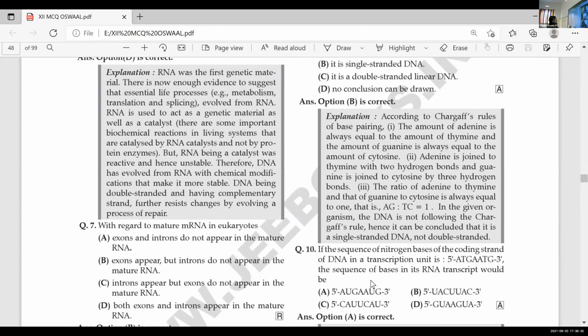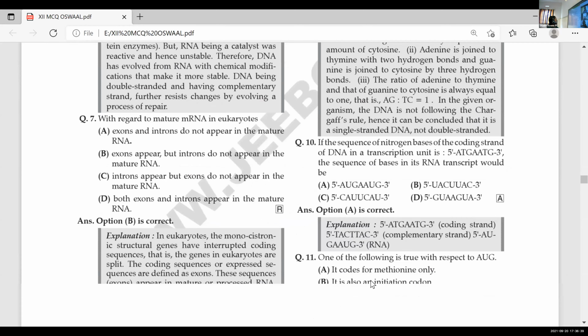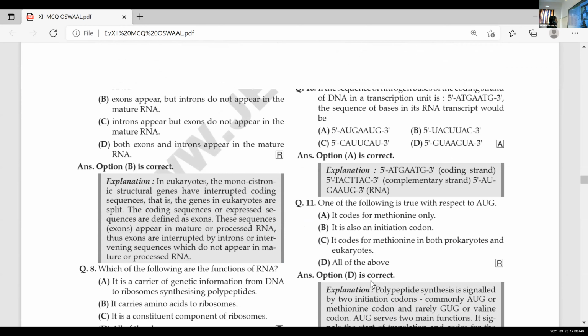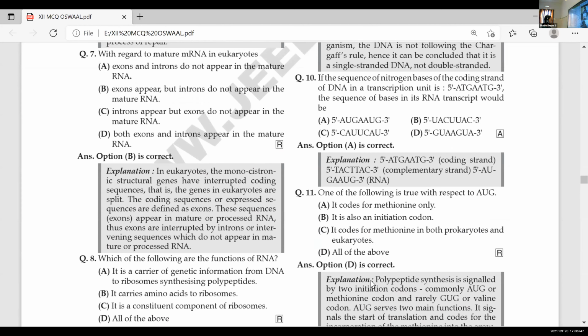Now question number 8. Which of the following are the functions of RNA? A, it is a carrier of genetic information from DNA to ribosomes for synthesizing polypeptides. B, it carries amino acids to ribosomes. C, it is a constituent component of ribosomes.